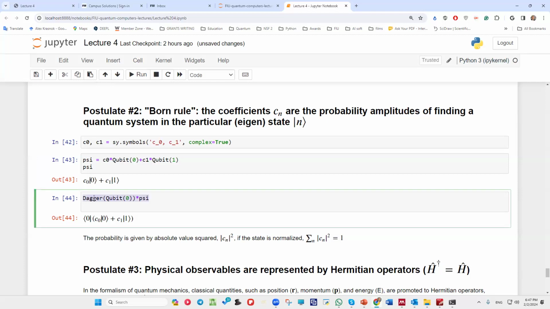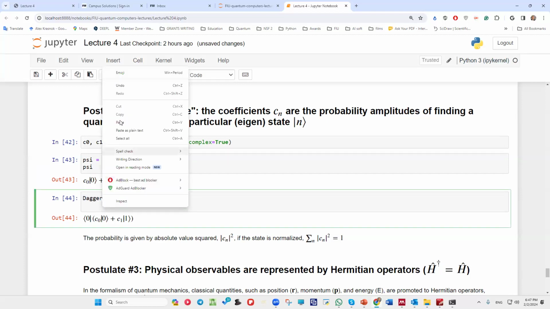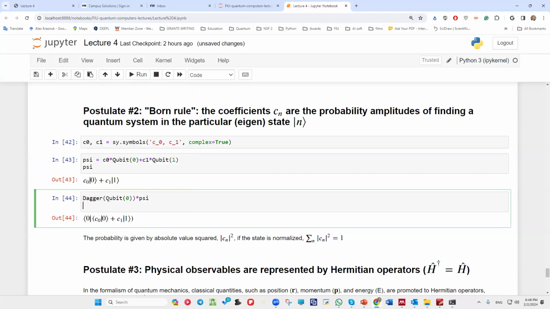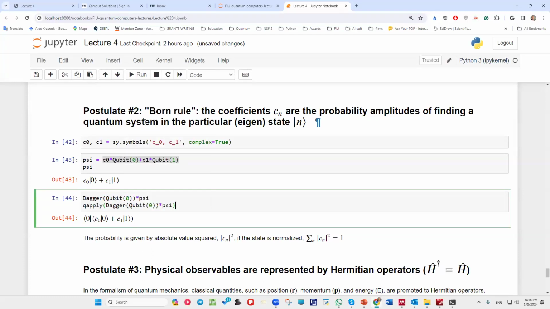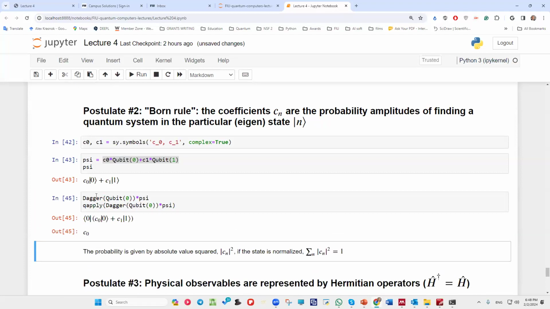So this is what I'm doing here. This is the projection of the state of the qubit on the zero eigenstate. And as expected, it returns me C0. So C0 is the projection.